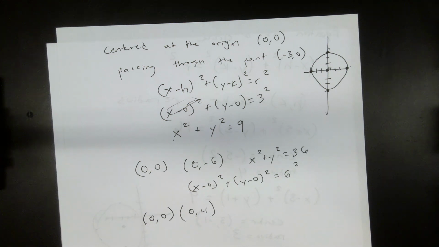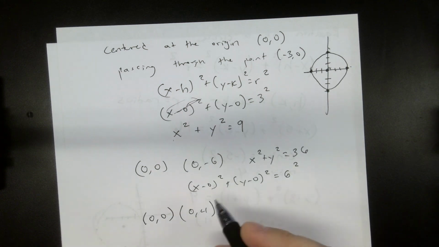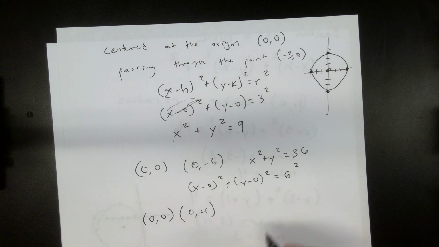It is centered at the origin, and the circle goes through the point 0, 4. So, Juliana, what's my equation?